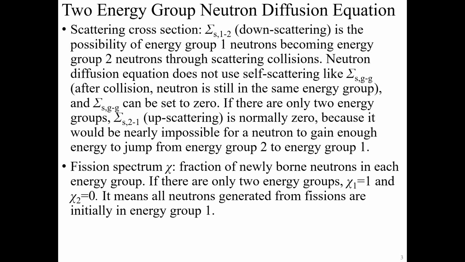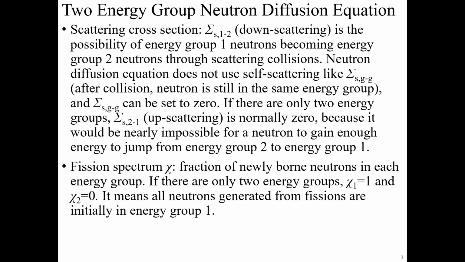We have this sigma s representing scattering, and we will also have subscripts. In this case, we have 1-2. It means that after this scattering, the neutron energy will change from group 1 to group 2. The neutron energy at the beginning is high, so it is in energy group 1.